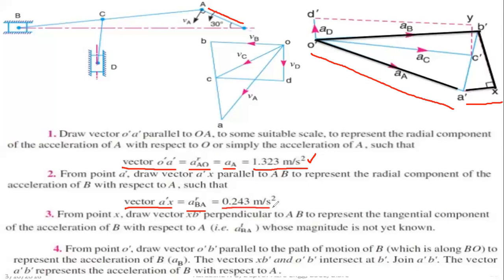By measuring 0.243 meters per second square, it is obtained.